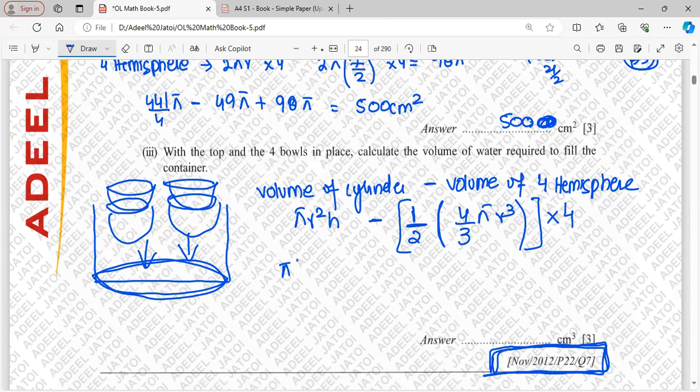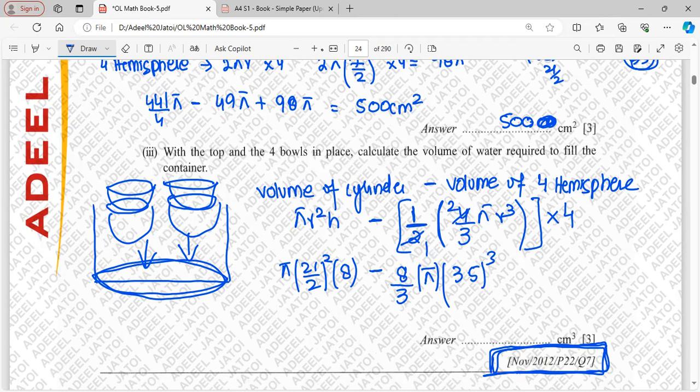So pi, this will be 21 upon 2 square multiplied by 8, minus, when we cancel out, this will be 2 upon 3, and 4 twos are 8. So 8 upon 3 pi, and the r is 3.5 cube.